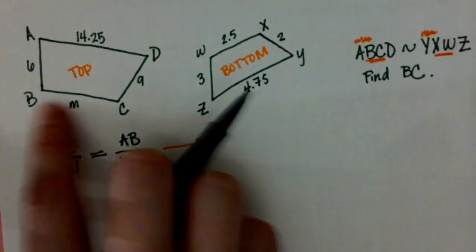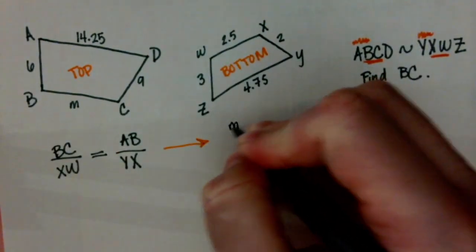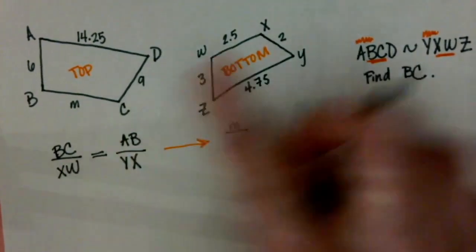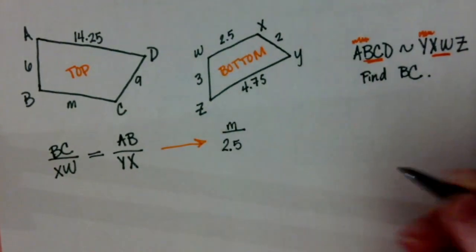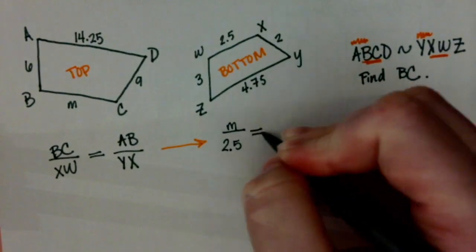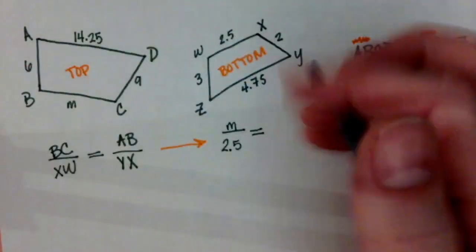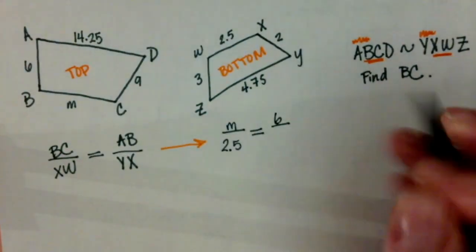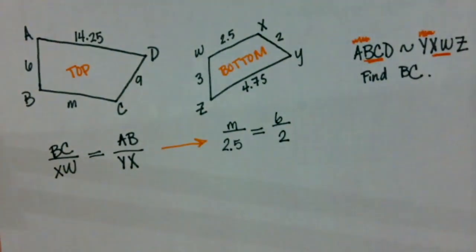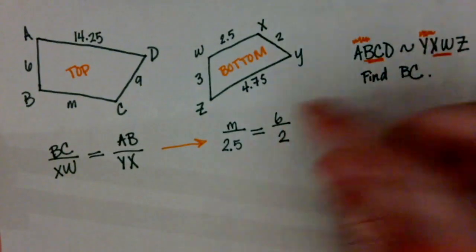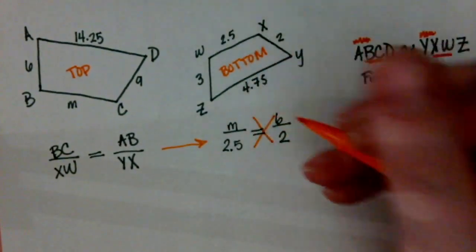BC is our missing value, which is M. XW is 2.5, equals AB is 6, and YX is 2. Once we have everything plugged in, now we want to cross multiply and solve.